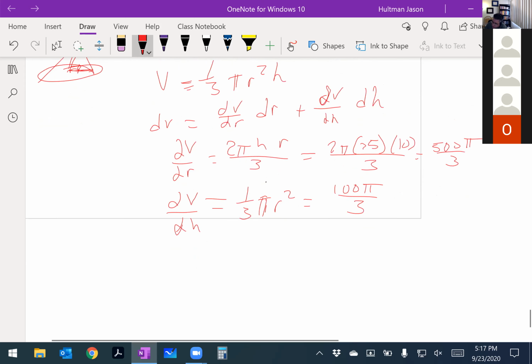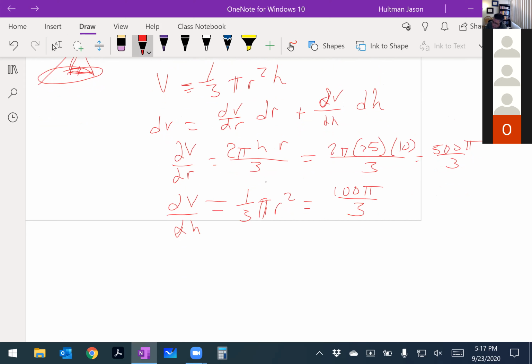Okay, but what was dr and dh? What was the change in r and the change in h? Well, we said that each of those was 0.1. So the maximum change in the volume has to be 500 pi over 3 times 0.1, or 1/10.